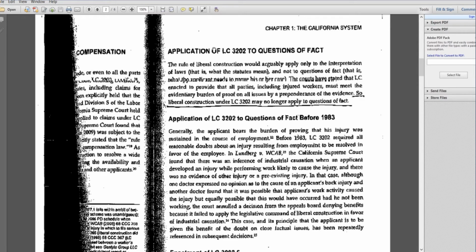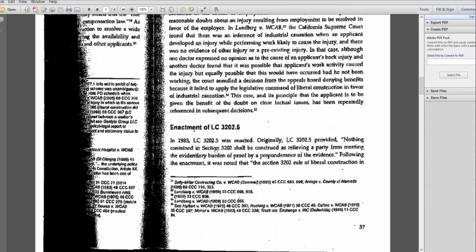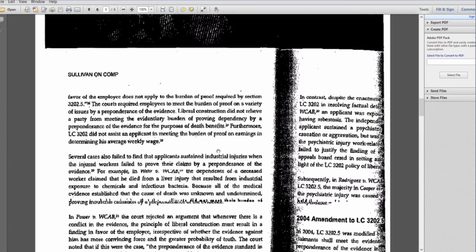However, Labor Code 3202 does apply to the interpretation of the laws and the labor codes governing the workers' compensation process, but it does not simply provide for industrial injuries when actually there were no industrial injuries on a factual basis. Okay, let's continue with other important citations.